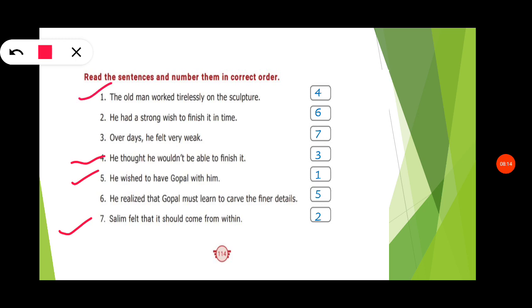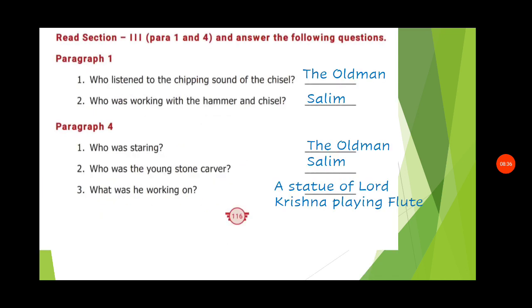The old man worked tirelessly on the sculpture. He realized that Gopal must learn to carve the finer details. He had a strong wish to finish it in time. Over days he felt very weak. So this is the answer for the correct order.